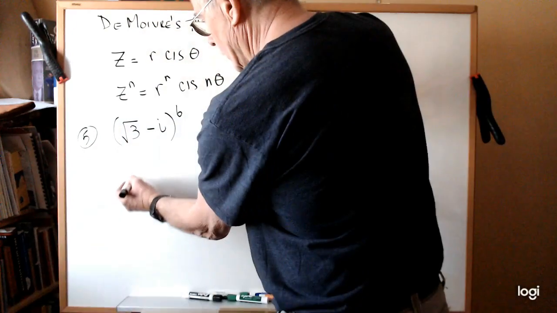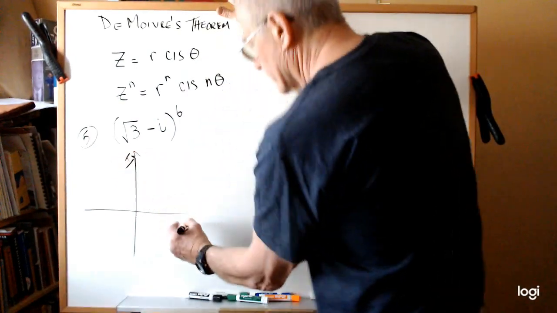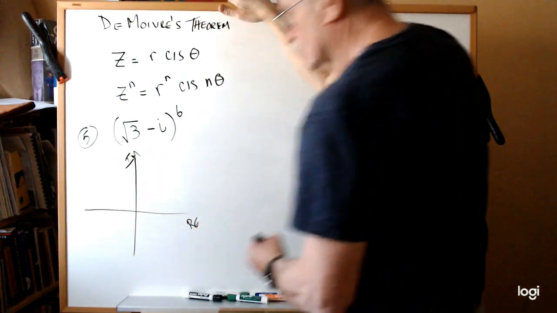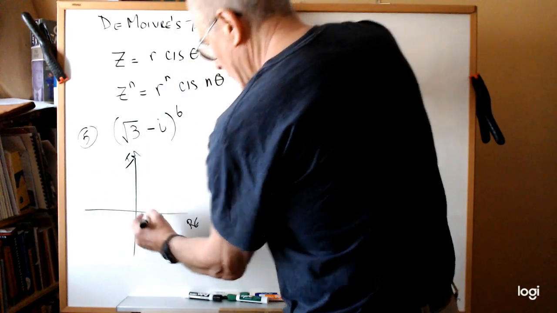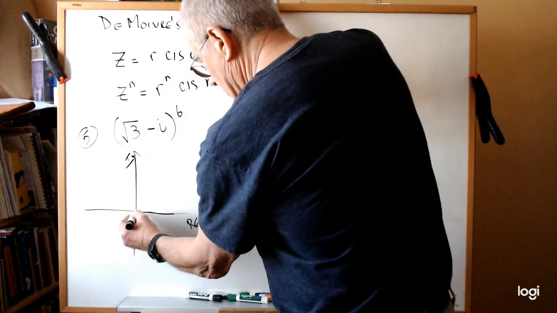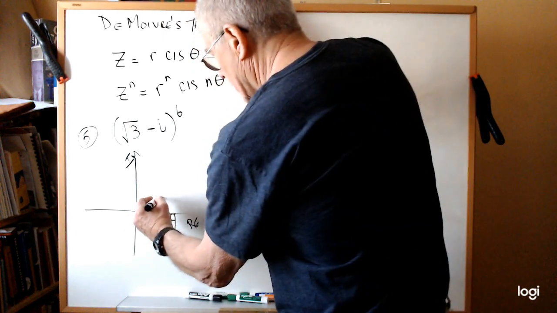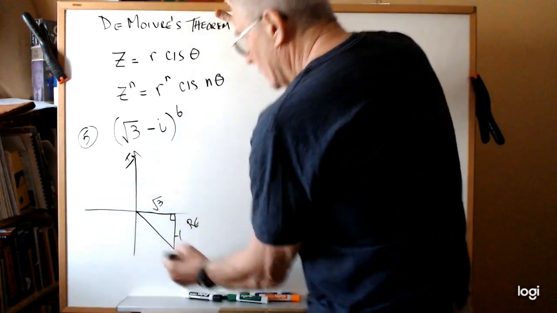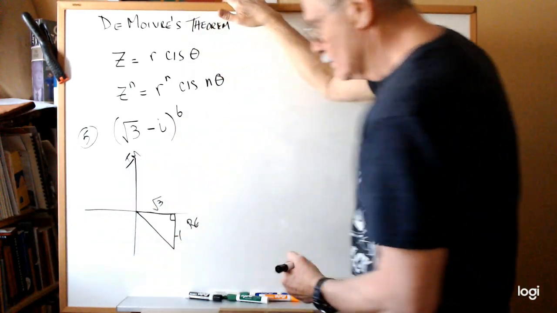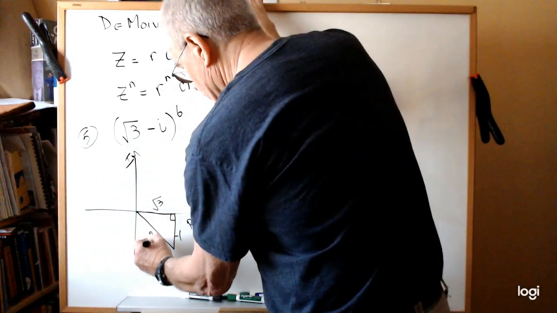So here we go. Let's start with our little diagram here. This is the imaginary axis. This is the real axis. So radical 3 minus 1, we construct our triangle like this. This would be radical 3 is the real part, and negative 1 is the imaginary or the i part. Okay, Pythagorean theorem says this is a 2.